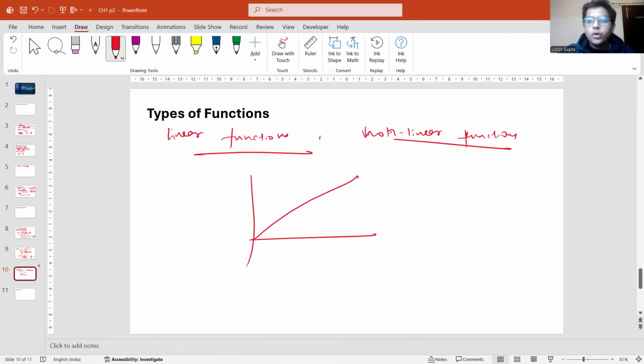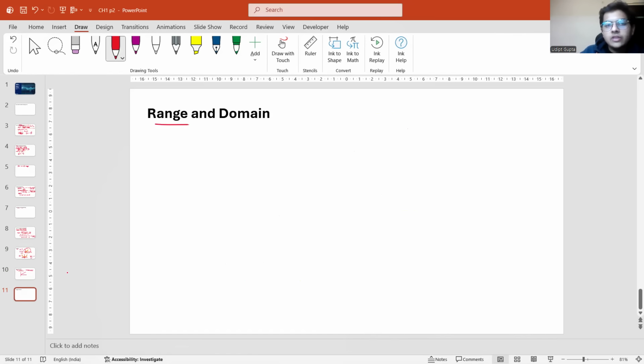Second thing, in a function, there is a concept of range and domain. People have it in the opposite way; it's basically domain first and then range. What is the domain and what is the range of a function?